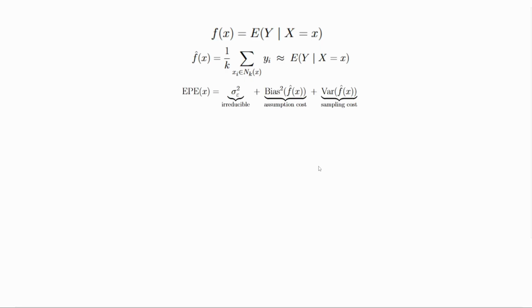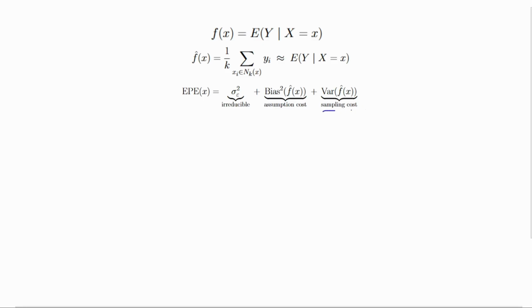So recall, this is the bias variance decomposition, where we have some irreducible noise in our system. We cannot predict it because it truly is random. Then we have the bias, which is how far away our model is from predicting the true value.